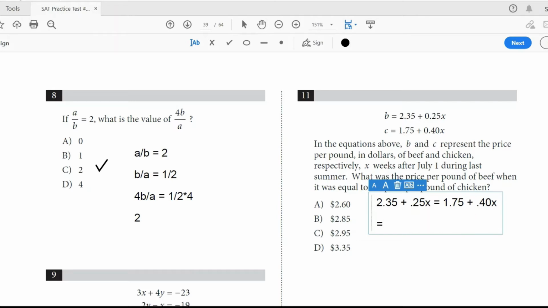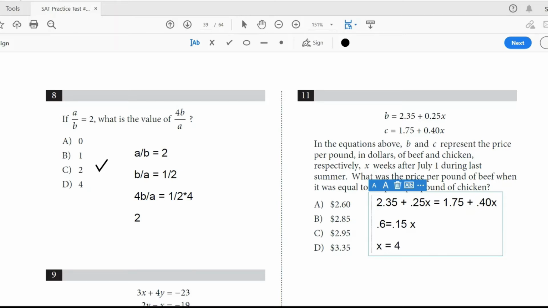So let's write 0.15x here. 1.75 and 2.35. All right, this is quite simple. If we do 0.7, it's 2.45 minus 1, so it's 0.6. Solving this, we get x equals 4.